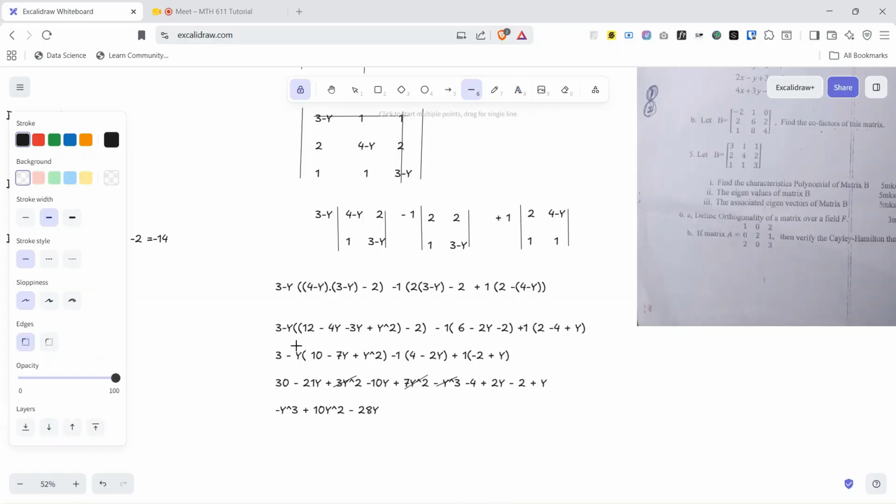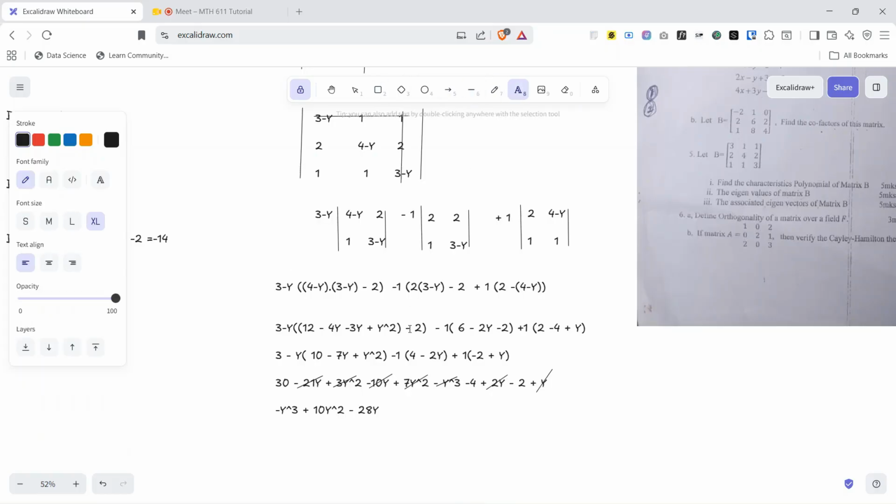So we've also eliminated these. Then we now have 30 minus 4 minus 2. That's minus 4 minus 2 is 6, minus 6. 30 minus 6, that is plus 24. Plus 24 equals to 0, right?